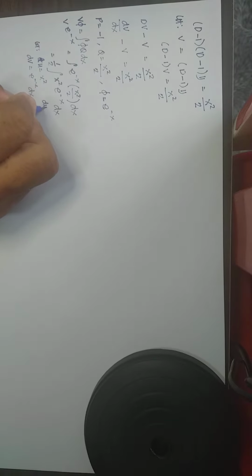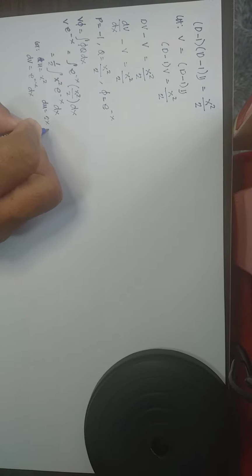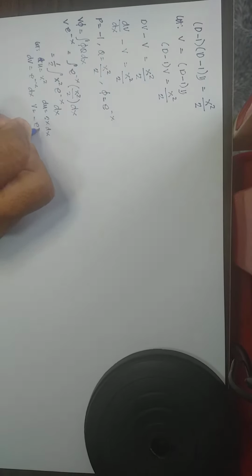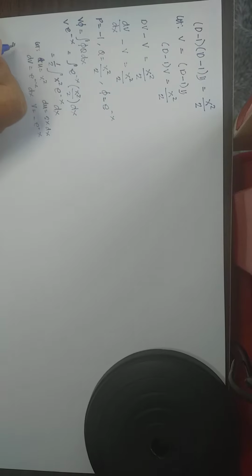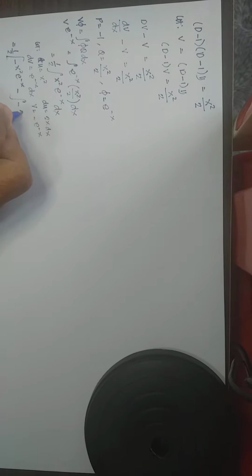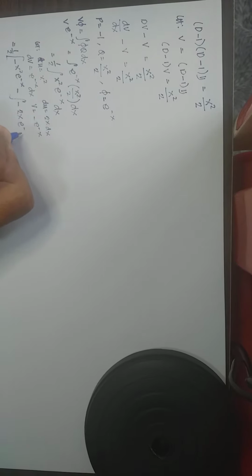Your du is equal to 2x dx, and your v is equal to negative e to the negative x. Applying the formula, we have 1/2 times uv, negative x squared e to the negative x, minus the integral of negative 2x e to the negative x dx.